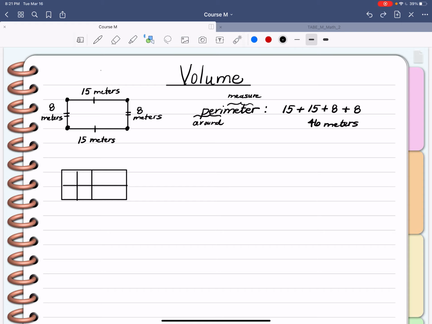I'll tell you what, let me not do that. Don't erase yours. If you've already drawn it, that's okay. I'm going to build this one with squares because I want you to actually watch what I'm doing here. And those are not squares.